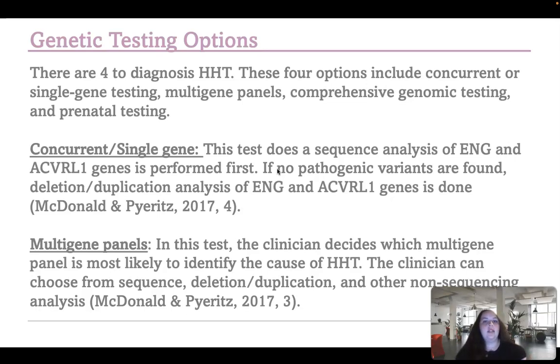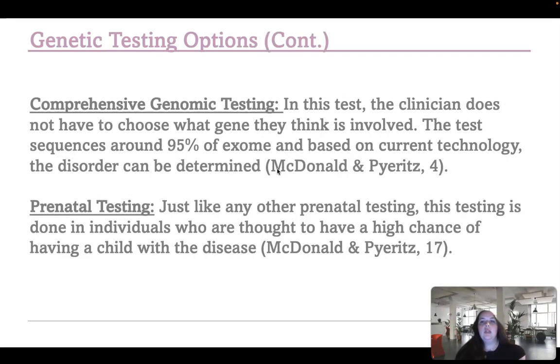In this test, the clinician decides which multi-gene panel is the best for identifying the cause of the HHT. Similar to the single gene testing, they can choose from sequence, deletion, or other non-sequencing analysis. So this just gives an option. But obviously, if results weren't found, they would have to do a second gene panel.